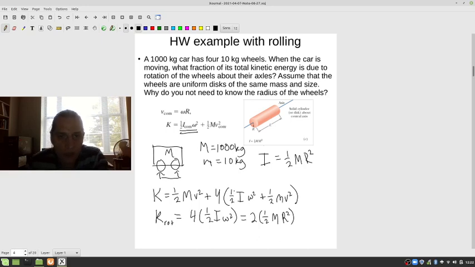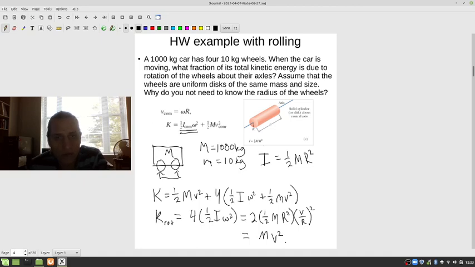But then when I want to put in my rotational speed, I need to take my center of mass speed and divide it by r. So v over r squared. And so this would be, the 2's cancel. This would just be m. And then my r squared and r squared down there cancel. mv squared.